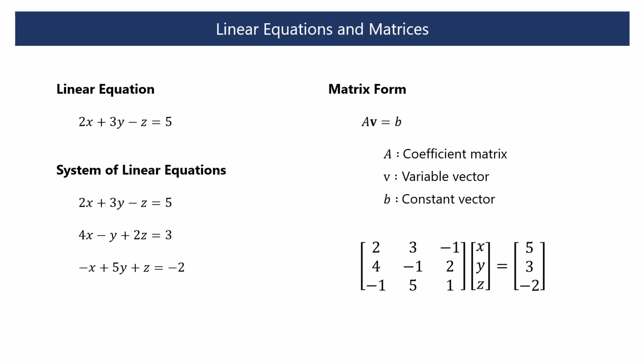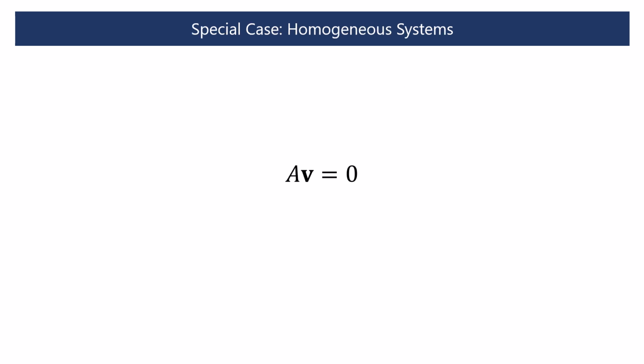For our example, using a matrix, we can express a system of linear equations in this way. Sometimes, the system of equations has no constant vector on the right-hand side, like in this case. This is called a homogeneous system. The solutions to this system depend heavily on the properties of A, and this is where the determinant comes into play.